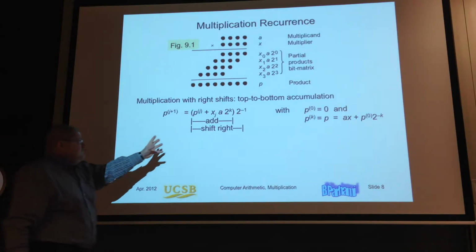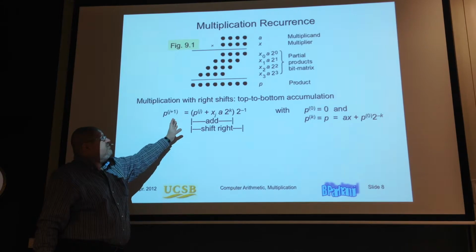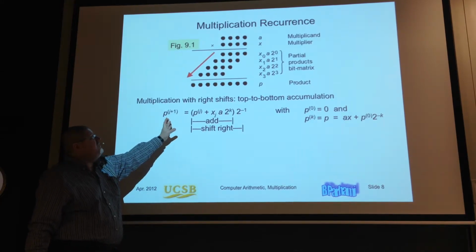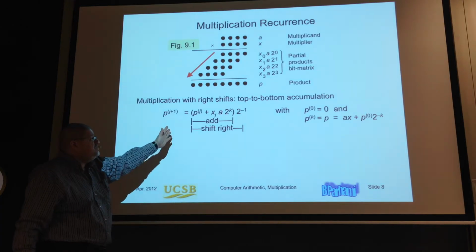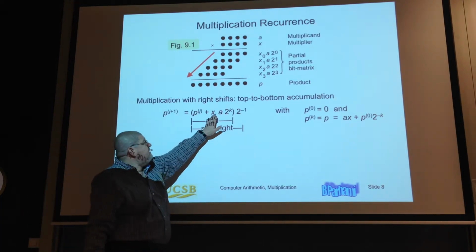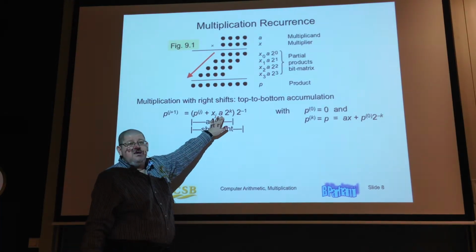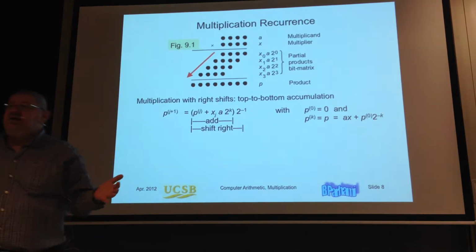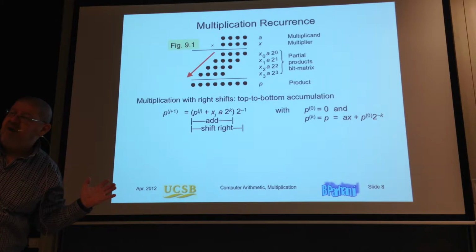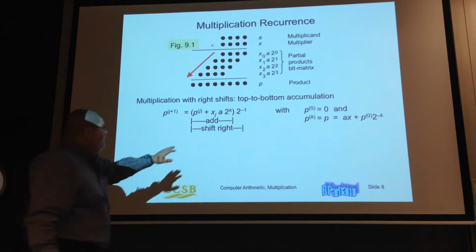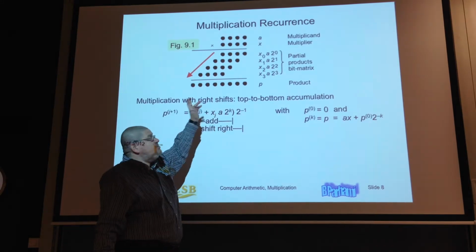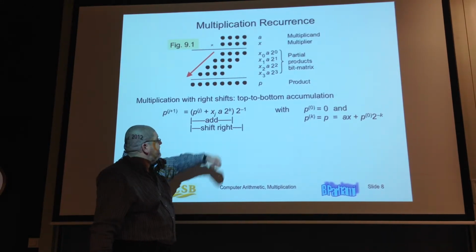Now, this is the recurrence of the multiplication. I'm starting from the top and arriving at the bottom, and in each iteration I'm multiplying xj with A, which is a trivial calculation in my case because I'm doing binary calculation. If this had been a decimal digit, things would have been a bit more complicated.